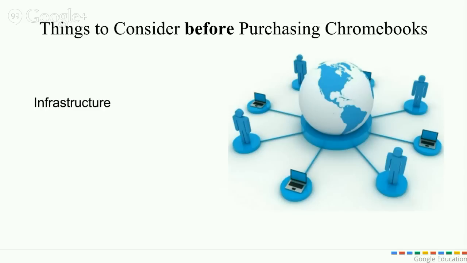Because we were planning to move from devices that would primarily do their computing locally to devices that would primarily do their processing in the cloud, I knew that there would be a greater load on our WAN link. So I contacted our ISP and upgraded us to a 45 meg per second link.